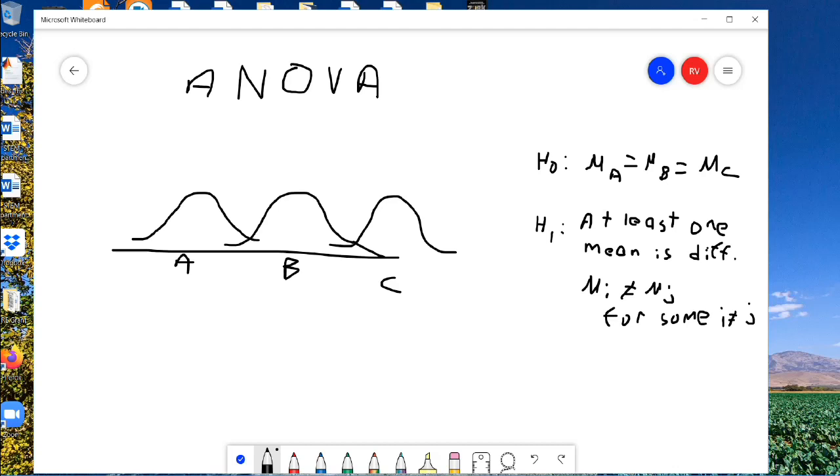Now, you could think about analysis of variance as being an independent samples t-test with more than 2 groups. So you have group A, group B, group C, and maybe more. And you're testing to see whether the population from which A was drawn is the same or is different from the population from which B was drawn, and whether those are the same or are different from the population from which C was drawn.